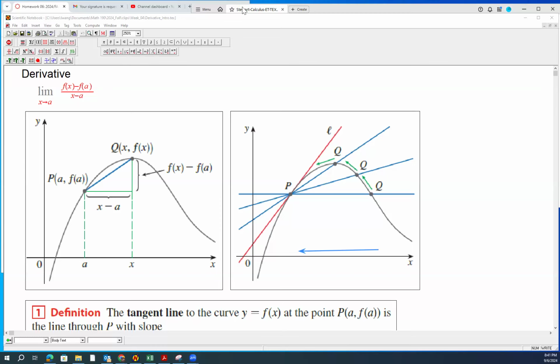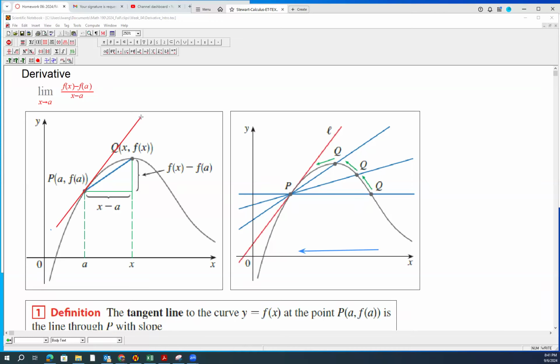Let me draw that line on this piece, using red to be consistent with the other line.